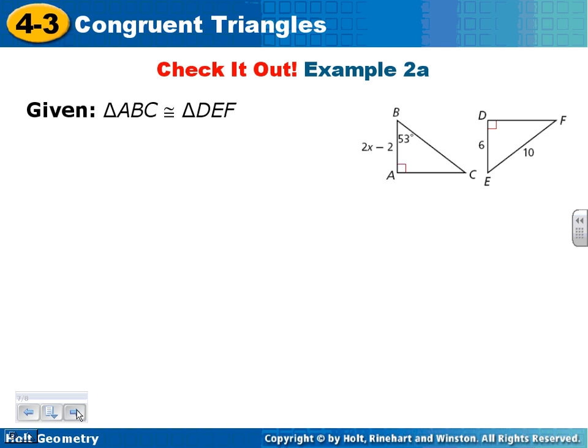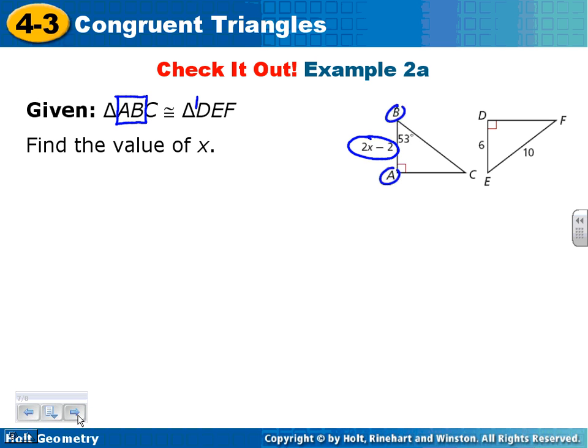With this next example, triangle ABC is congruent to triangle DEF. Find the value of x. Well, if you look at this 2x minus 2, that's side AB. See A and see B. We'll go over here. AB is right there.